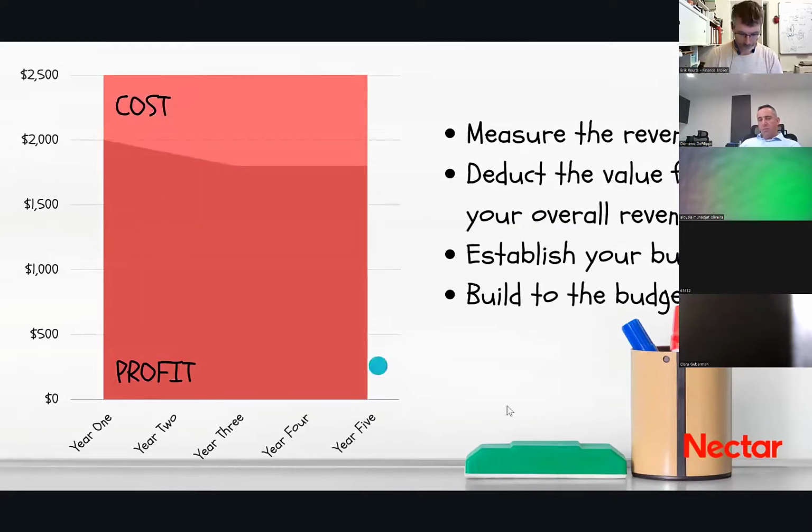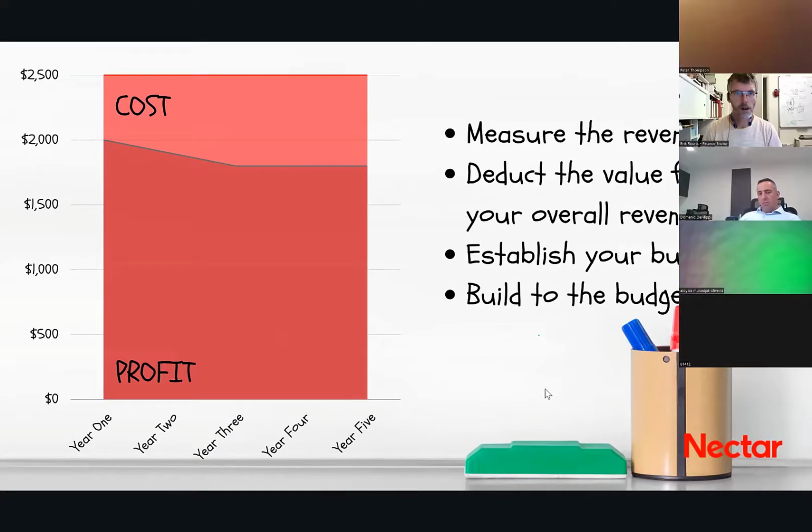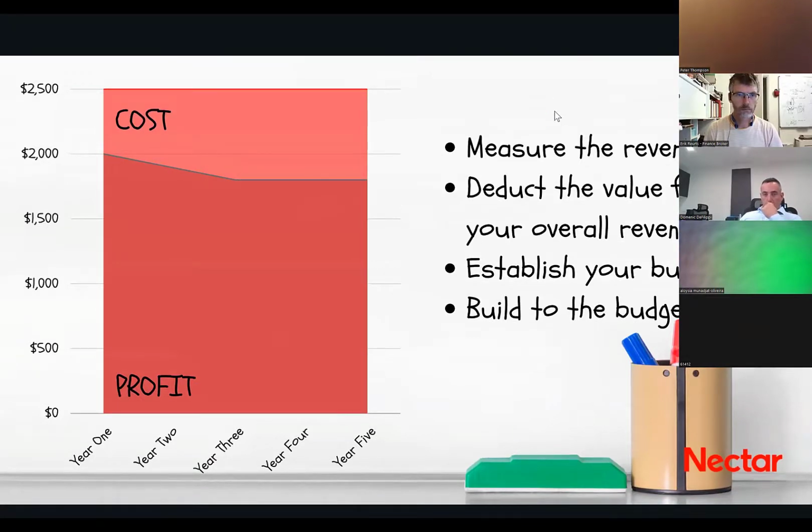So, capping the expense in your business. You saw the other graph, and this is what we want things to start looking like, where at some point the cost of your business stops increasing, but your revenue continues to increase, creating more profitability.